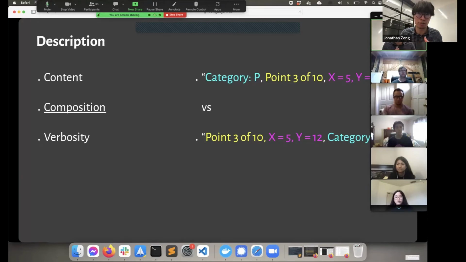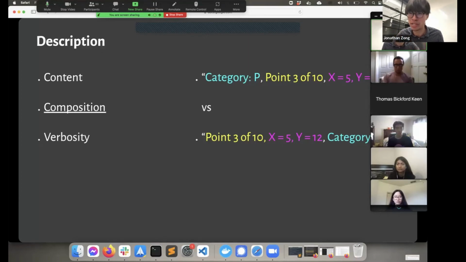But what's important depends on the user and maybe what their task is, right? So if you imagine someone who's looking through this chart and they're trying to find the first point that has category P, then they would probably prefer this top description where category P is first, then point 3 of 10, then x equals 5, y equals 12.